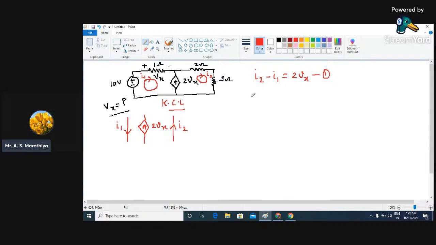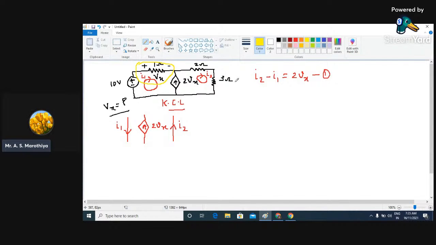Now let us try to find out the value of this Vx with respect to current I1. If you see this structure, what is Vx? Vx is nothing but the voltage which appears across this 1 ohm resistor.